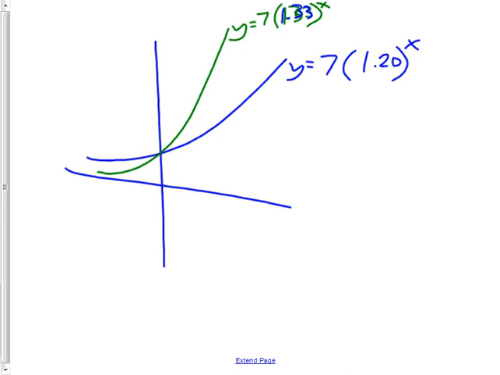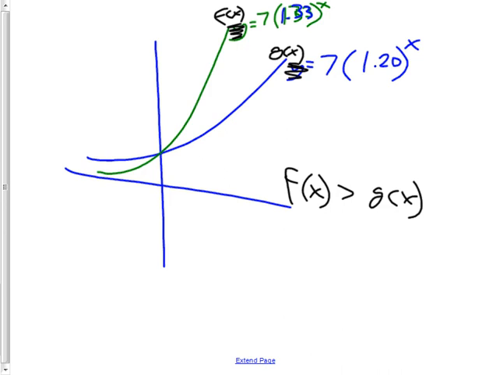Then, if I said, let's call this f of x, and let's call this g of x, when is f of x bigger than g of x? I'd have to say, oh, when is the green one bigger than the blue one? In this zone is where the green one is bigger than the blue one. And so we'd say from 0 to infinity. That's the other major kind of problem you've had.